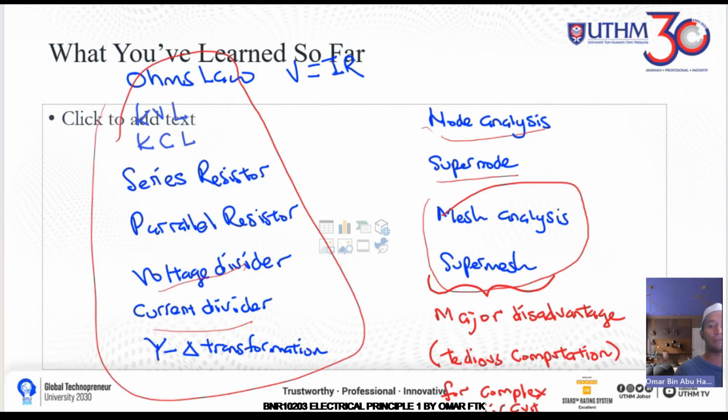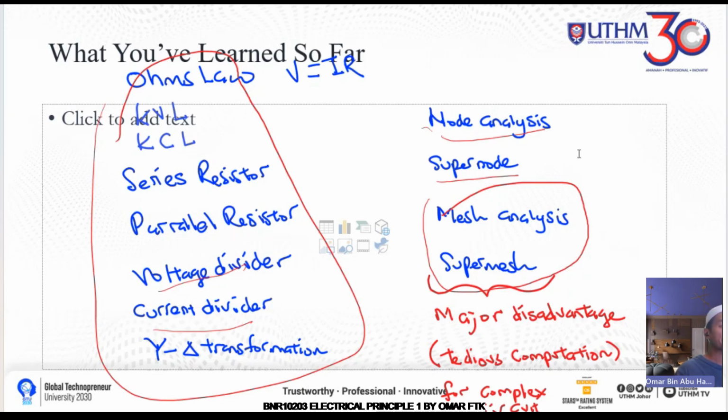If you have difficulty grasping it, just PM me or contact me through WhatsApp. This topic will not be in the final exam, but it might be helpful if you know about mesh analysis later on when you go into work.